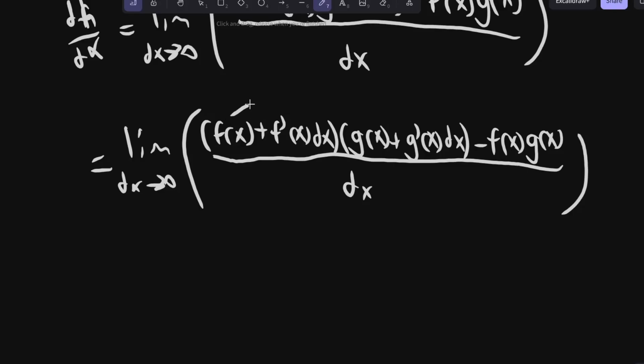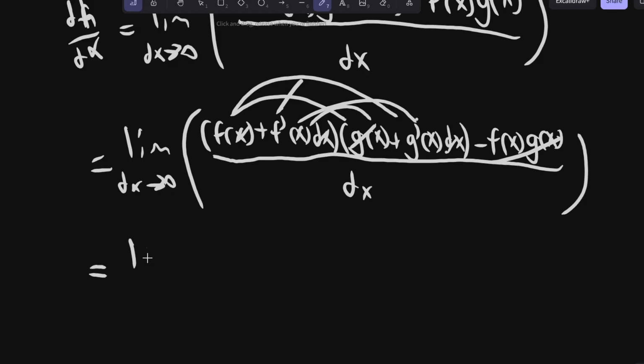First, we note that f of x and g of x is going to cancel with this, right? Or I should say this line cancels. F of x, g prime of x is going to get its dx canceled. G of x, f prime of x is going to get this dx canceled. And these two are going to product and only get one dx canceled.